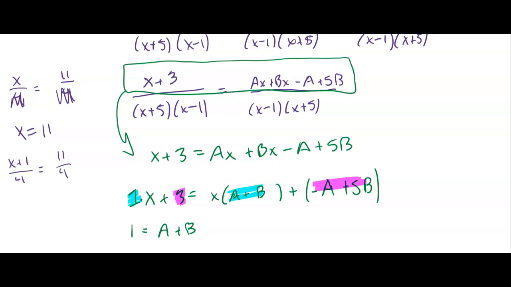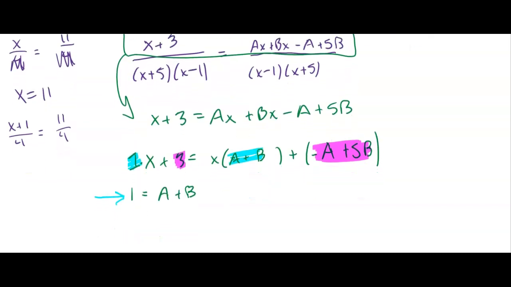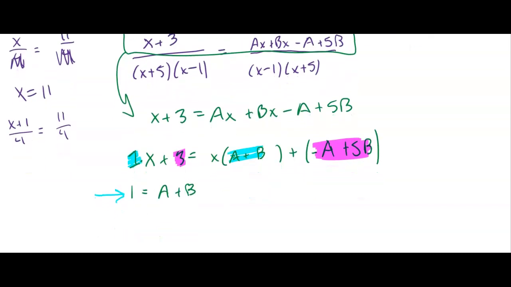Well, what pieces over here don't have an x? Well, the minus a plus the 5b. So the blue gave me this, and then I can get 3 is equal to minus a plus 5b.